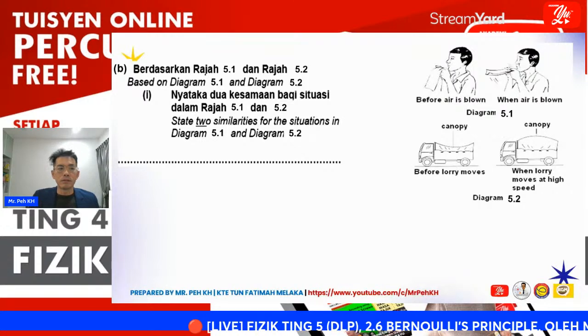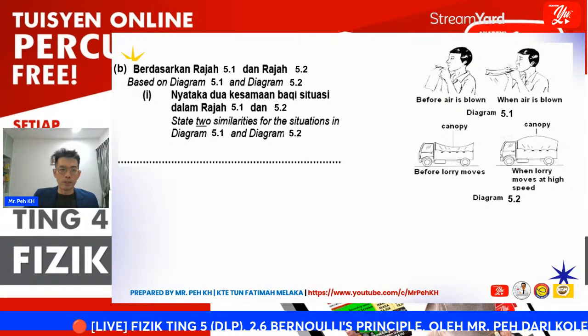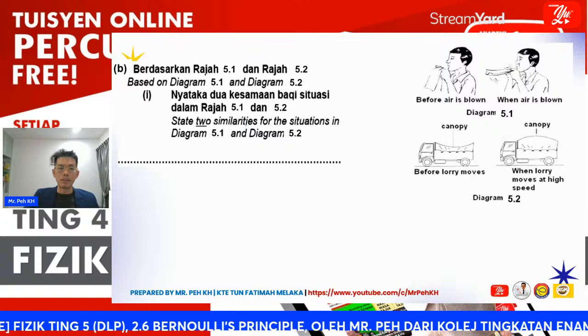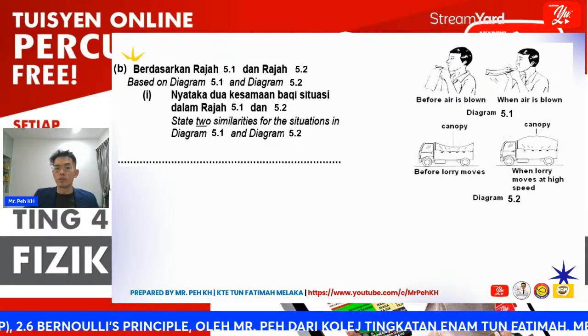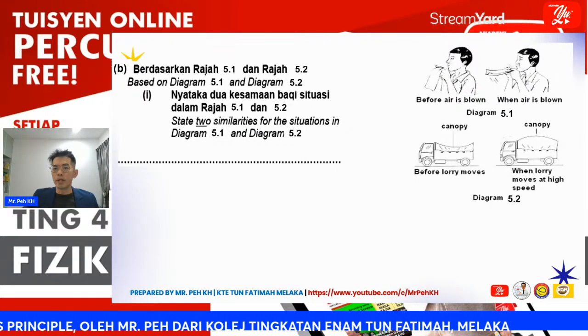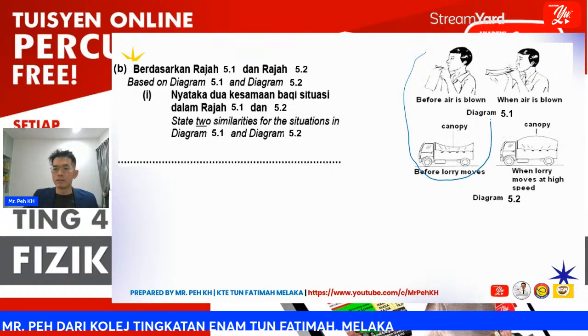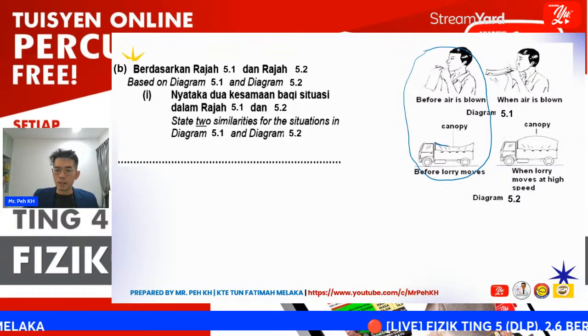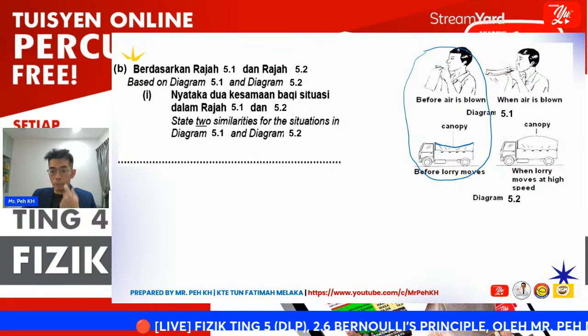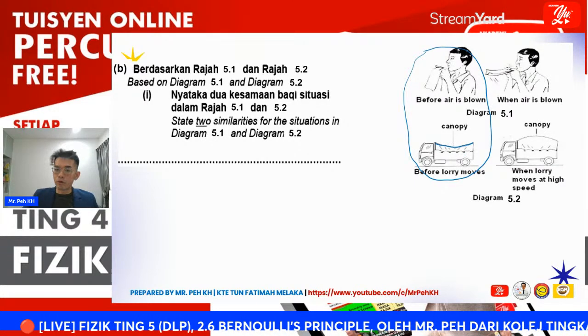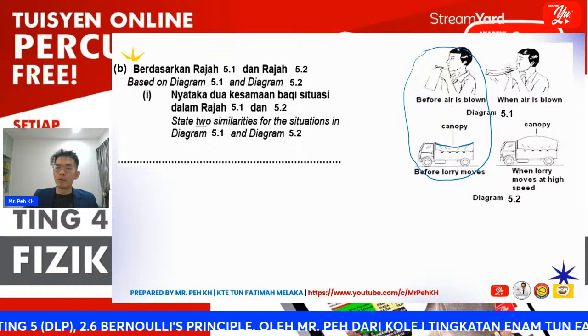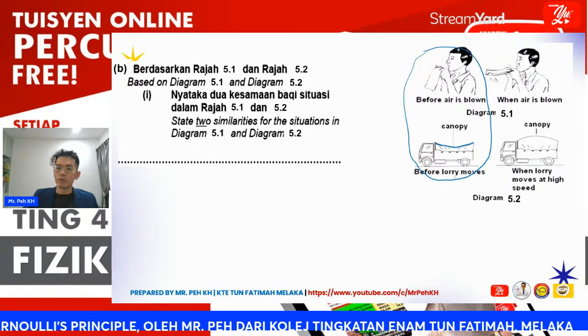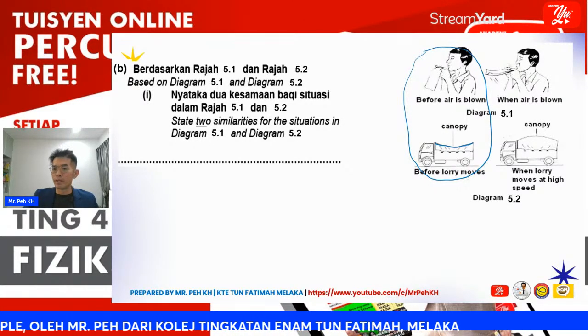The next is the comparison between diagram 5.1 and 5.2. Here you want to show two similarities between these two conditions. You can look at before the air blows or the lorry is moving. The canopy is in a downward shape due to gravity, so there is no lift force before the air is blowing and the lorry is not moving.